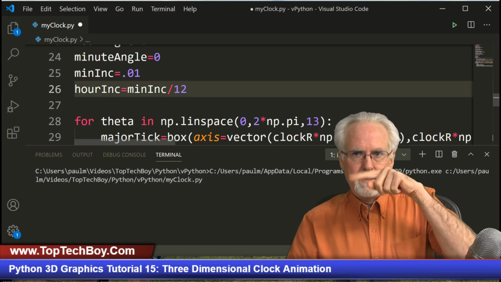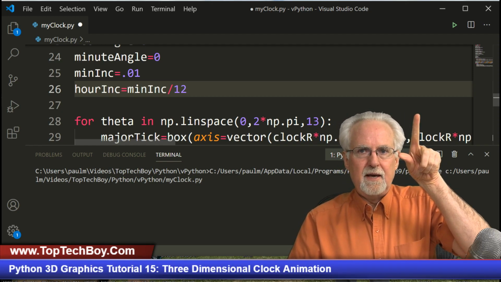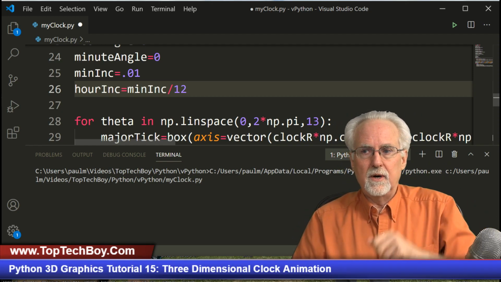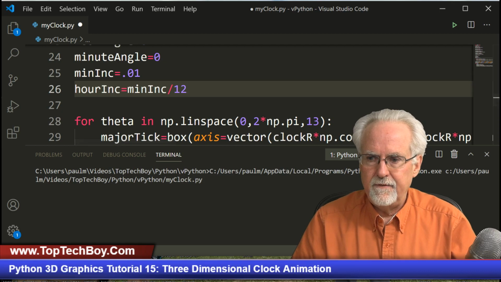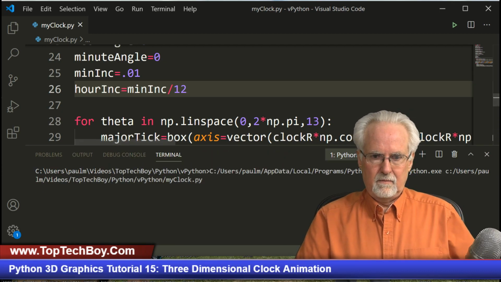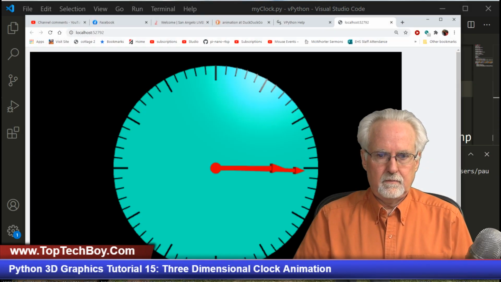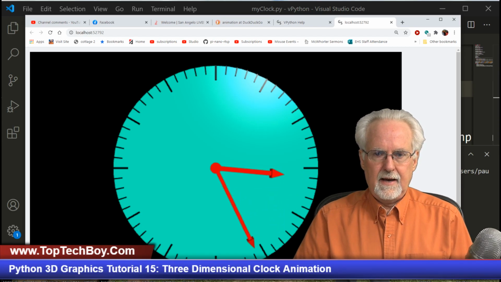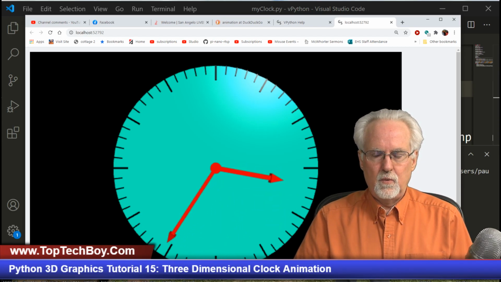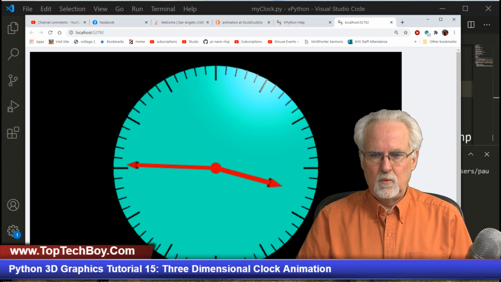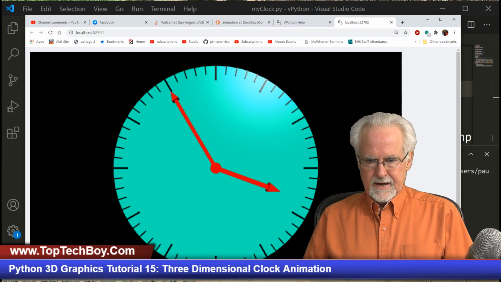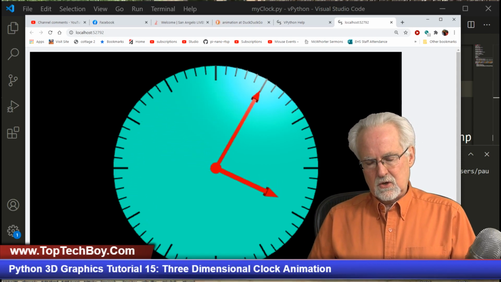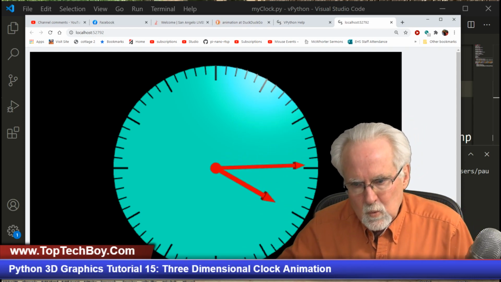Okay, the minute hand goes all the way around, and the hour hand goes 1/12 of the way around. So let's see if that works. I like that. Now it's going to come all the way back here, which would be 1 revolution. And I think it is going to work.